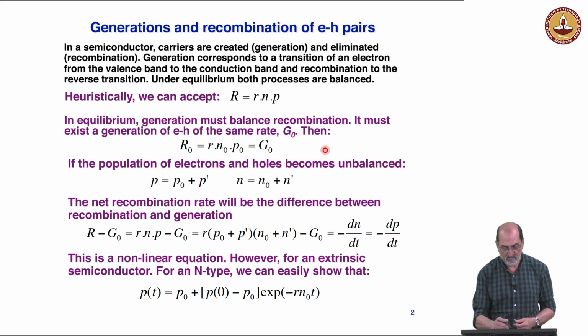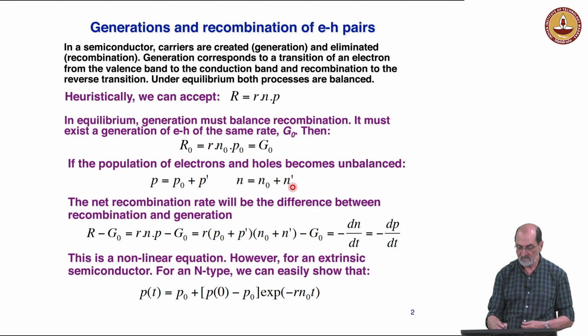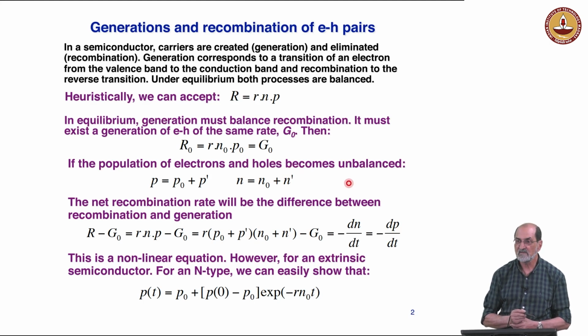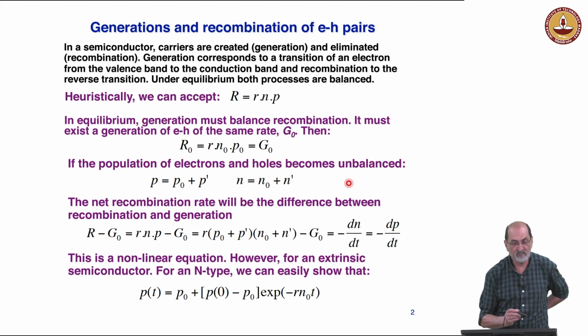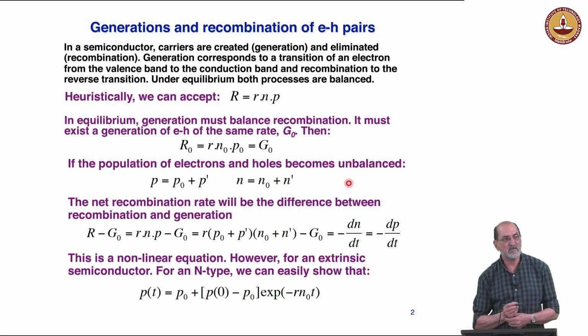Let's suppose we have an extra number of holes and an extra number of electrons due to that light. Now we're going to have more electrons and holes than in equilibrium. So what is going to happen?